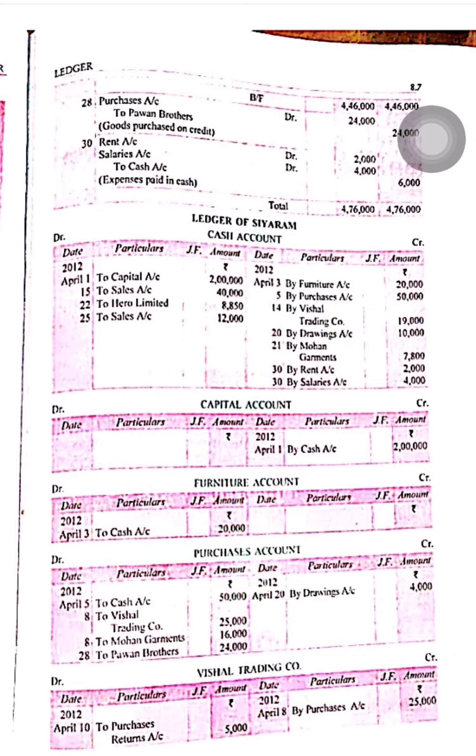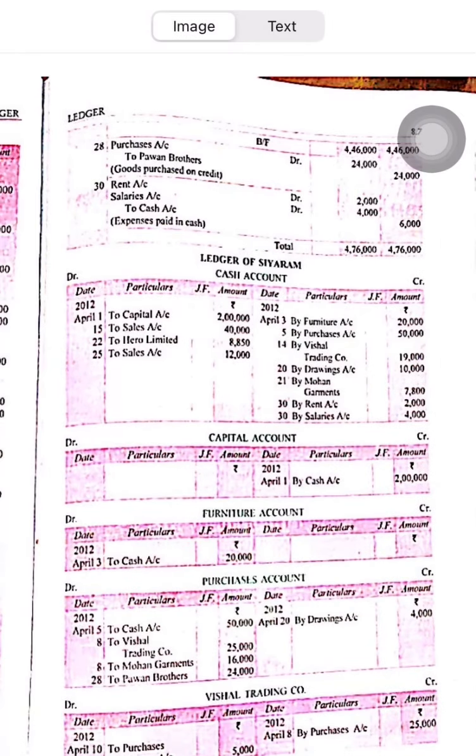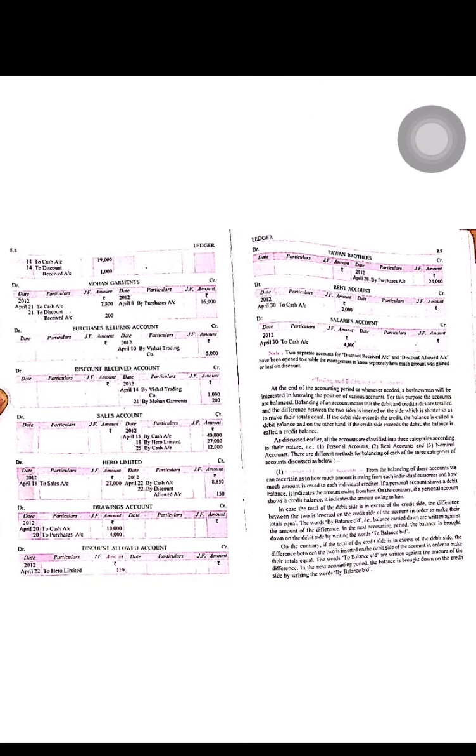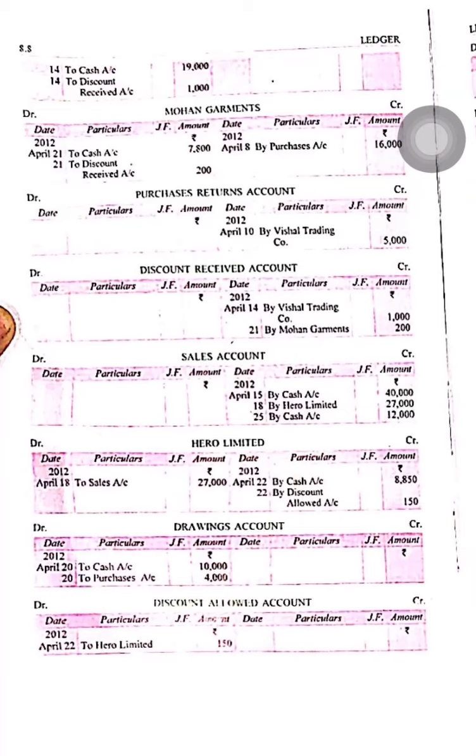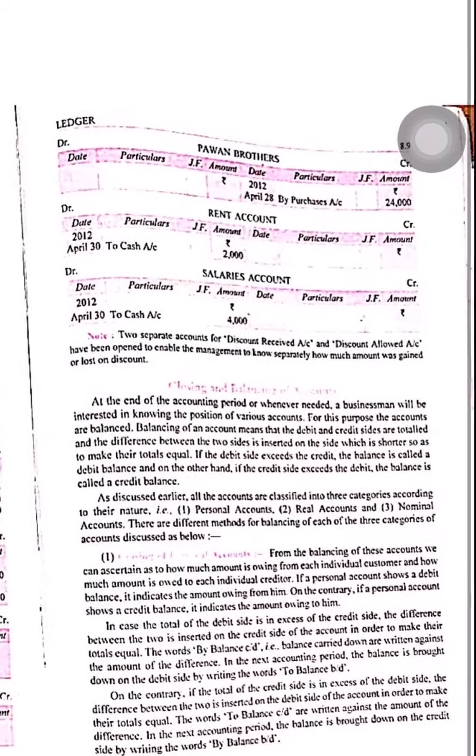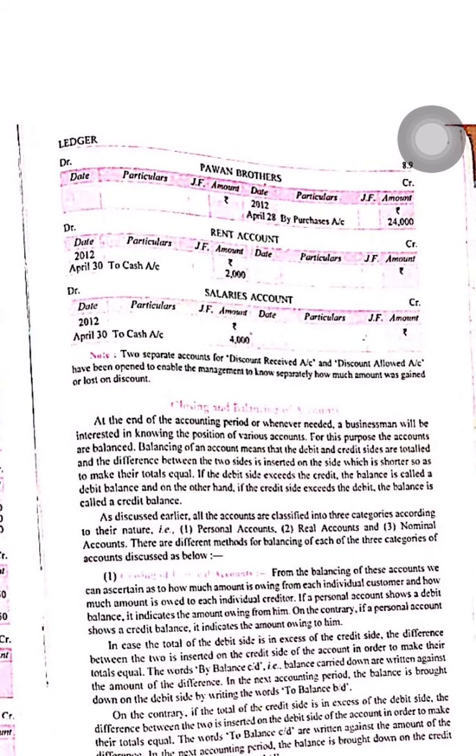There was only one entry for capital, cash account debit to capital, so in the capital account we will mention only one entry by cash account and nothing on the debit side. The same goes for each and every account, and by this method our ledger will be completed.